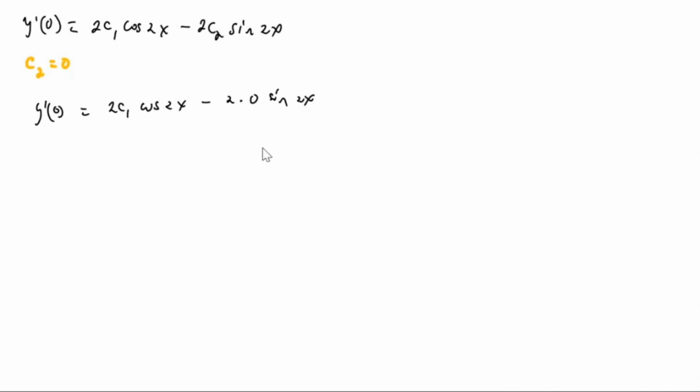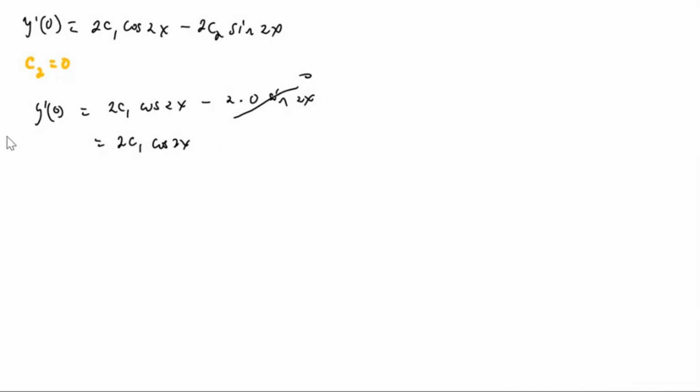We can write now 2c sub 1 of cosine 2x minus 2 times 0 is 0. So 0 times sine 2x is another 0. So the answer is also 0.